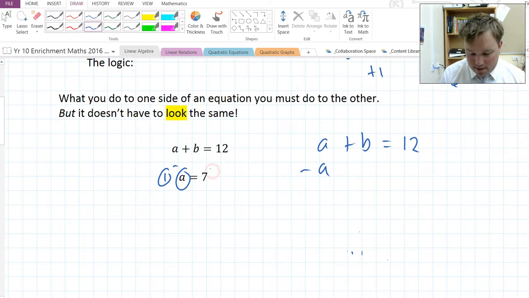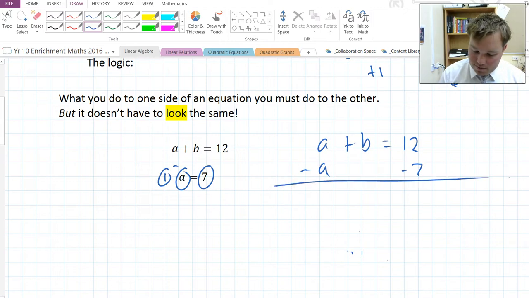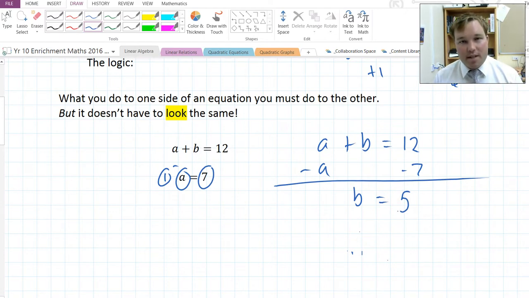On the right-hand side, but equal to the left, is a 7. So on the left hand, I'm going to take away the a. The right hand, take away the 7. I've done the same thing to both sides. Now, if you do that subtraction, a take a is 0, so we have b on this side, 12 take 7 is 5. What I've done to one side, I've done to the other, it just doesn't look the same.